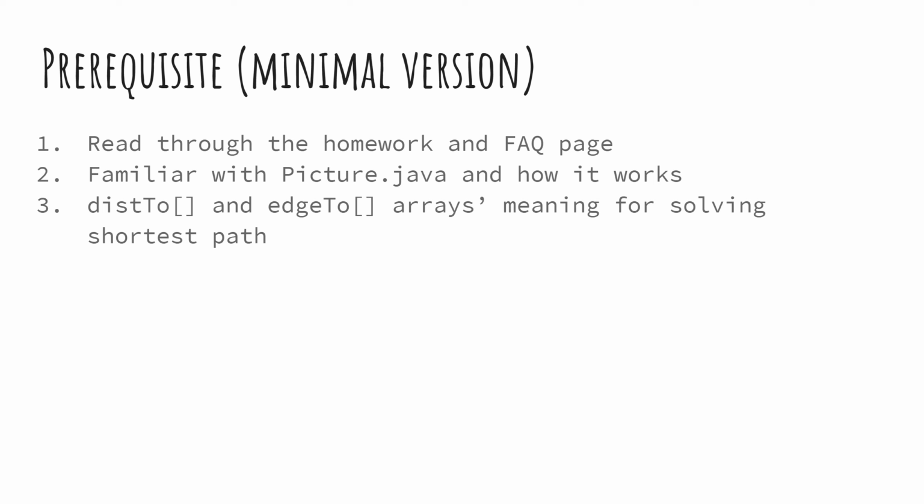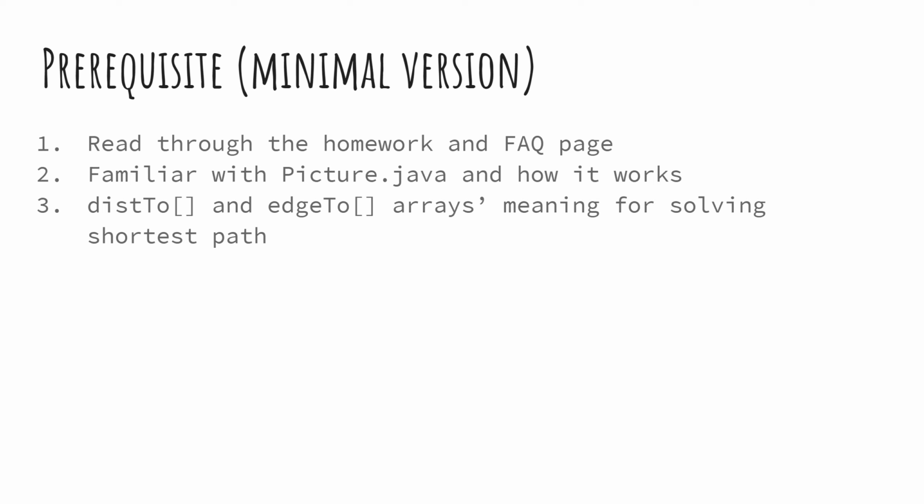I'll talk a little bit about that in the next couple of slides. Second, be familiar with the Picture Java class and how it works, because the homework page doesn't really explain a lot, but you will use it later in the homework. Third is the main point of this homework, because we need to do the shortest path algorithm to support the seam carving technique.